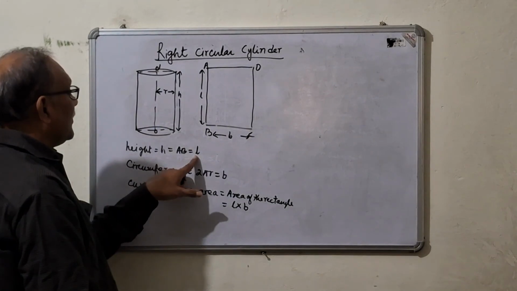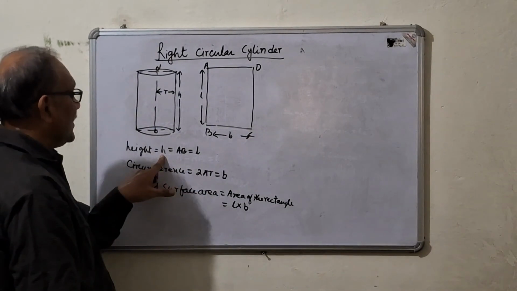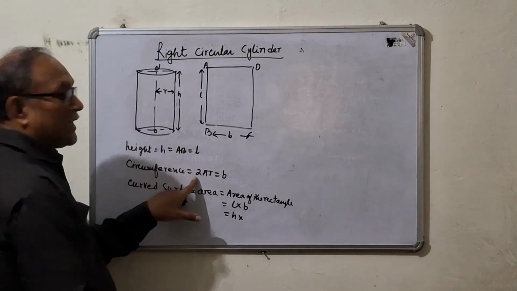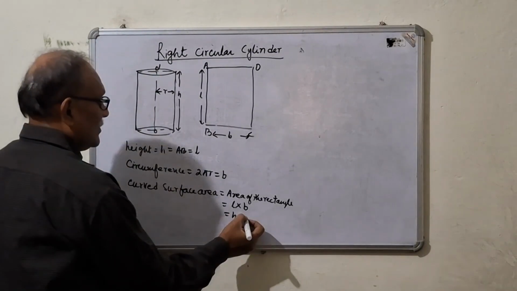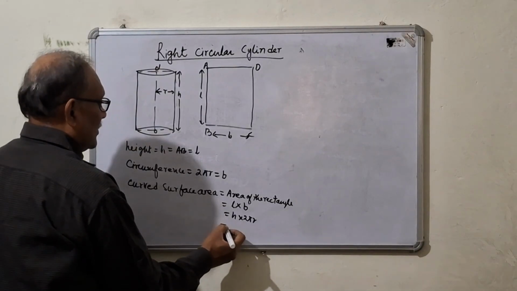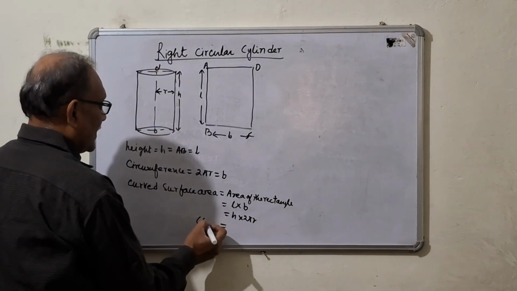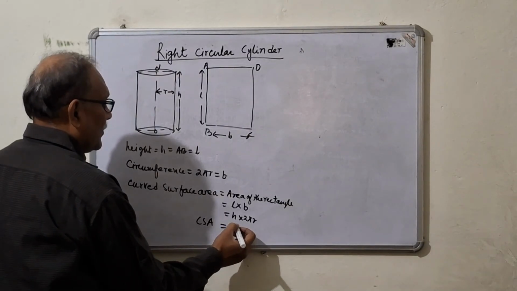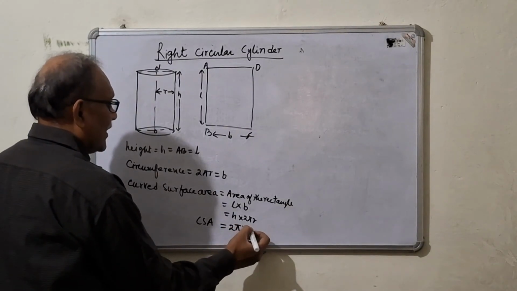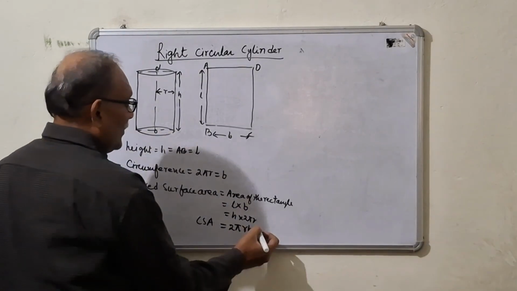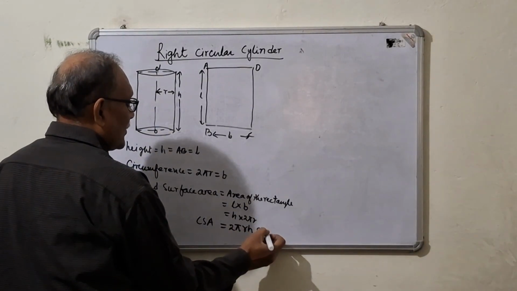Now in place of L we can write h, and in place of B we can write 2 pi r. So curved surface area will be equal to 2 pi r into h, and the unit will be square unit.